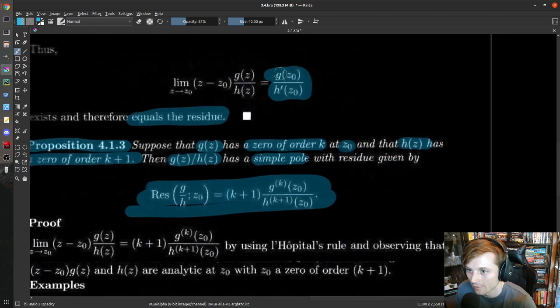Comparing, notice g at z naught, h a derivative of 1 order higher at z naught. Exactly the same thing going on here. We've just got a k plus 1 over there, right? Nothing too fancy. Okay, cool.